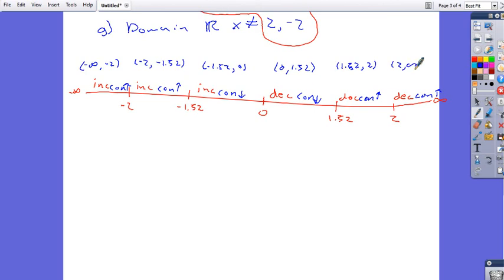It's a lot of intervals. Crazy. Alright. Now, after we made the sign chart, we're ready to graph.